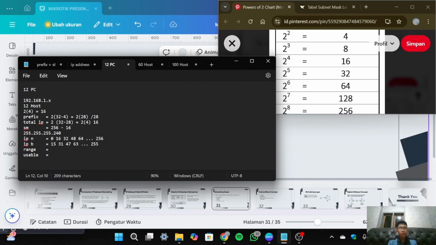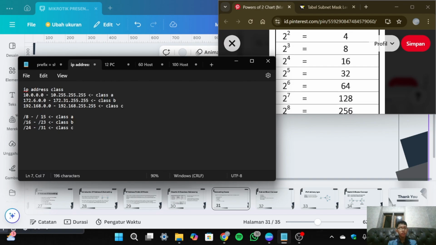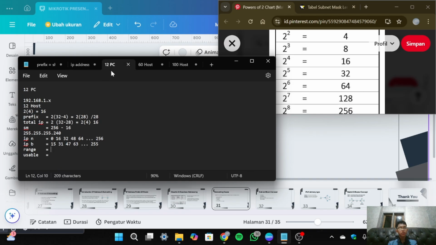So for the range, for example, I will choose IP address class C, because the prefix is class C, which in this case is /24 until /28, and /28 is the prefix that we use in this case.